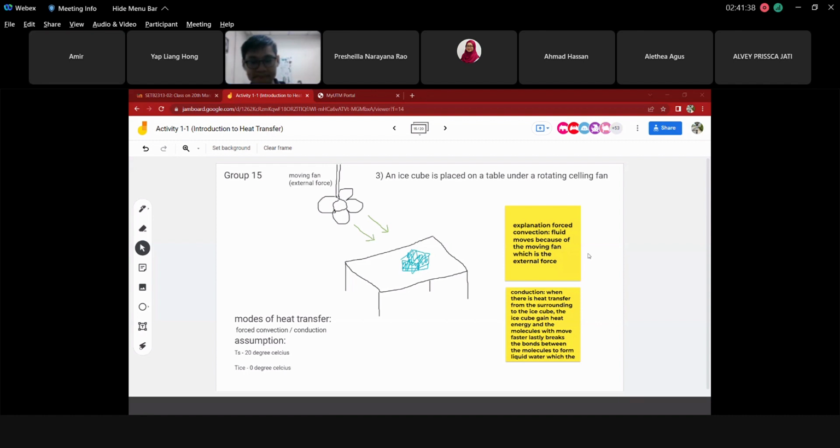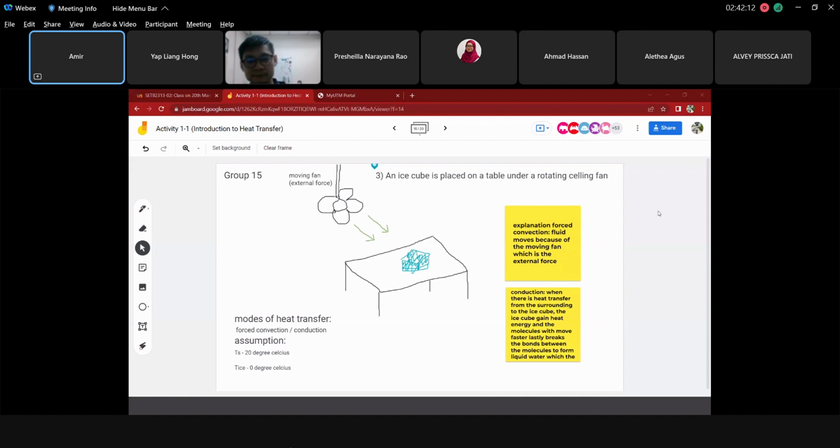So we assume the temperature of the surrounding is 20 degrees Celsius and the temperature of the ice is 0 degrees. The modes of heat transfer we choose are forced convection and conduction. For the explanation, for forced convection, fluid moves because of the moving fan, which is the external force.